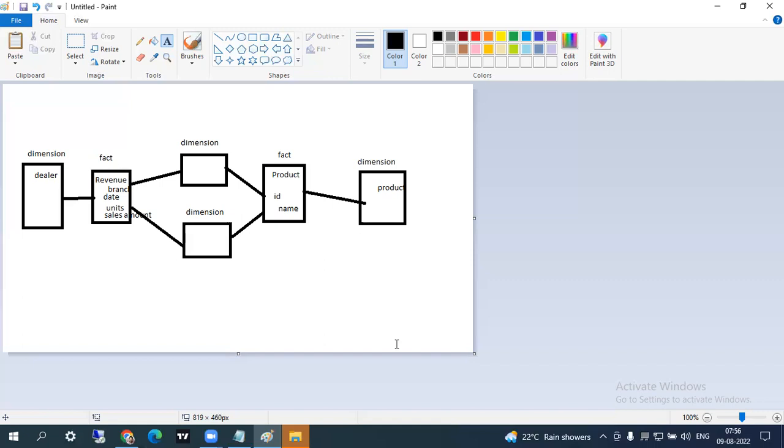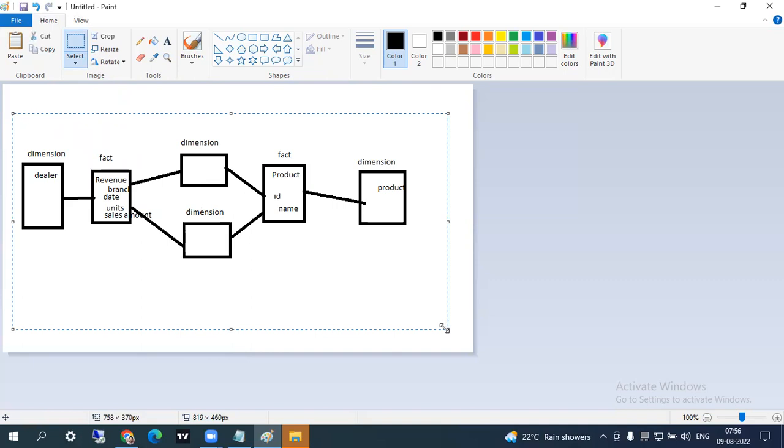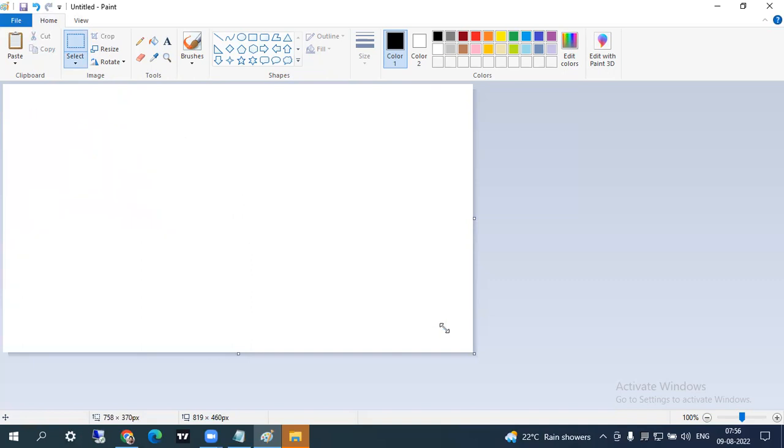That is the main question that would come from this session. Now we will see the other question that would be posed to you: what are the differences between star schema and snowflake schema?